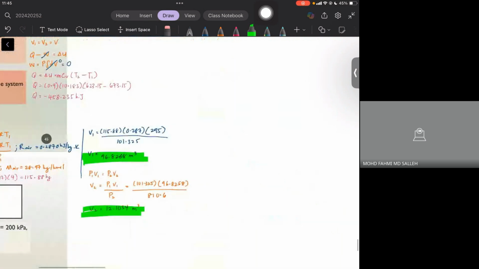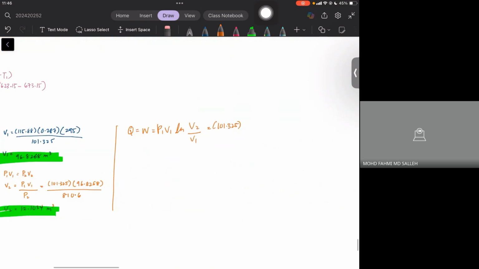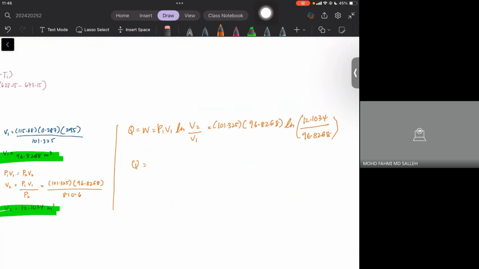If we substitute into the work equation and calculate, we get the heat transfer going out from our system as 20,401.3095 kilojoule.